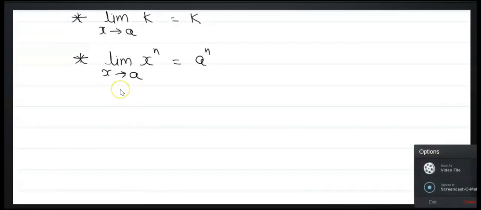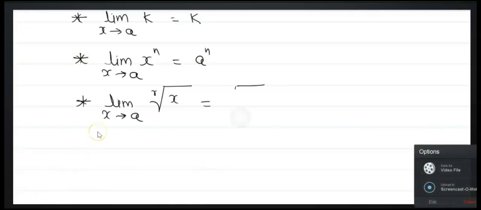Now again see this formula. Limit as x tends to a of x raised to n is equal to a raised to n. What we are doing here is we replace x by a, and therefore the answer is a raised to n.